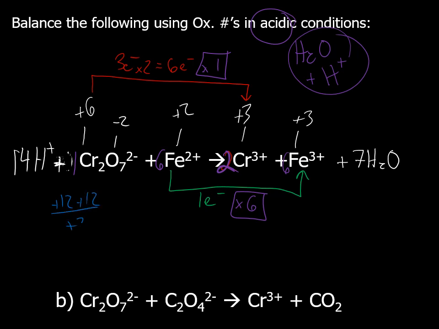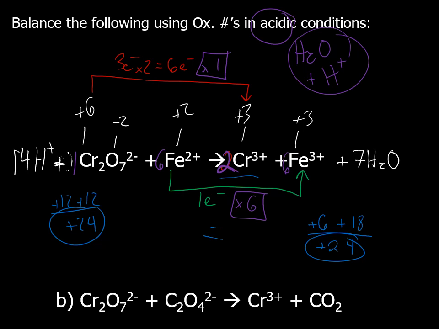So I have +24 as my charge on the right-hand side. On the left-hand side, I have my 2 chromium ions, so that's +6, plus the 6 times 3, 18 positives from my irons, and so that gives me +24 there as well. So my check works out, 24 and 24. The atoms are balanced, the charges are balanced, everything's good.